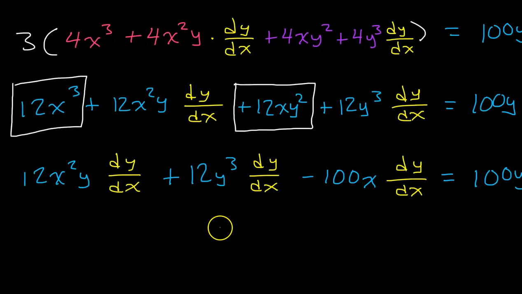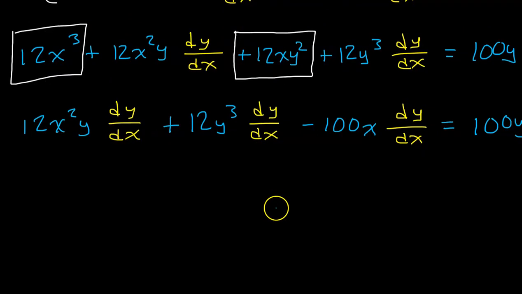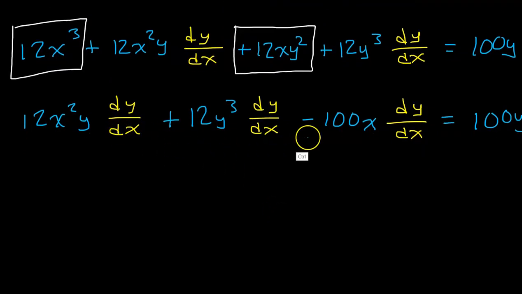Okay, so everything with the dy dx is now on the left-hand side. The beauty of that is that I can factor the dy dx out as a GCF. So I can put dy dx out in the very front of this entire thing.